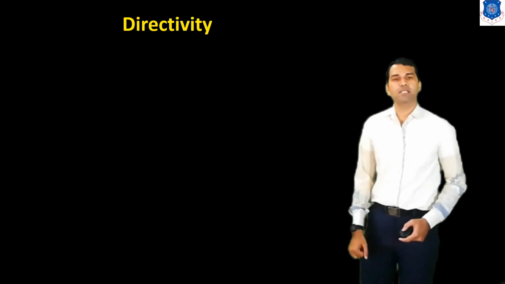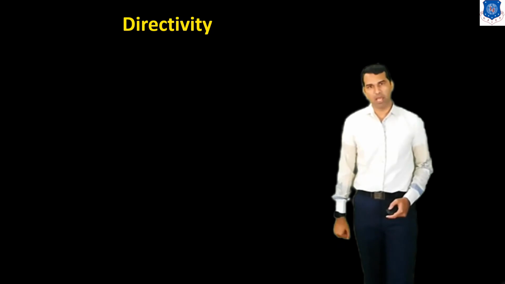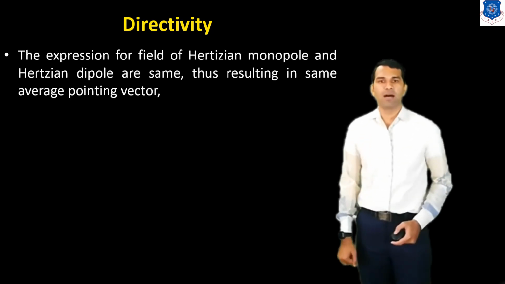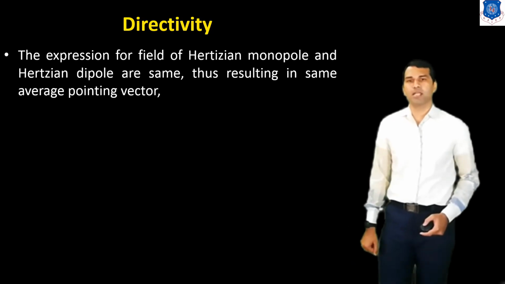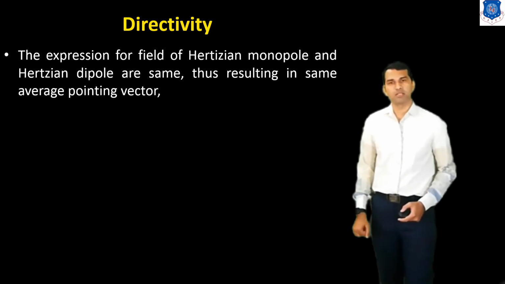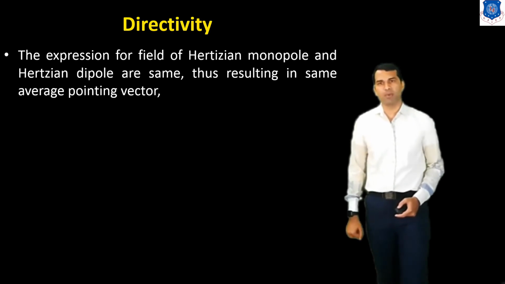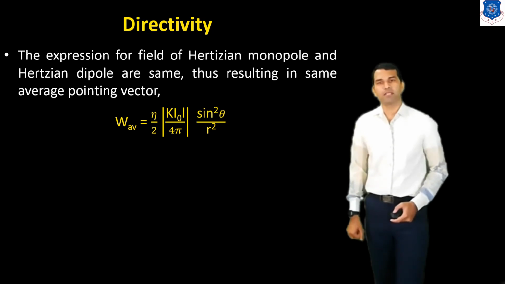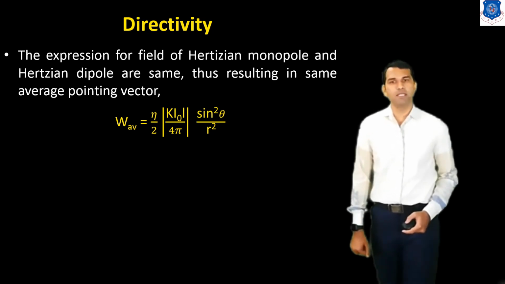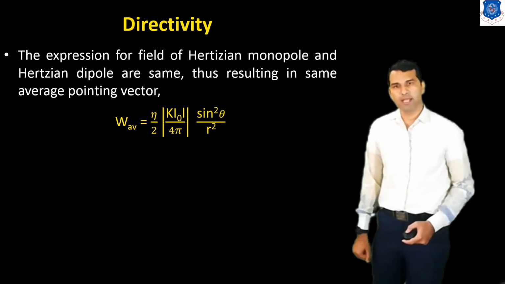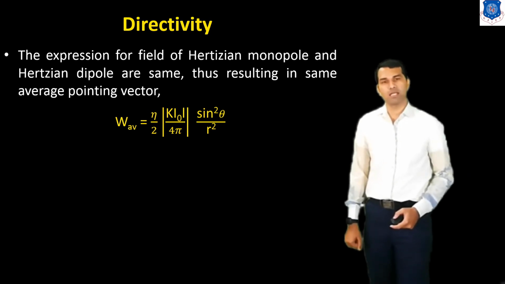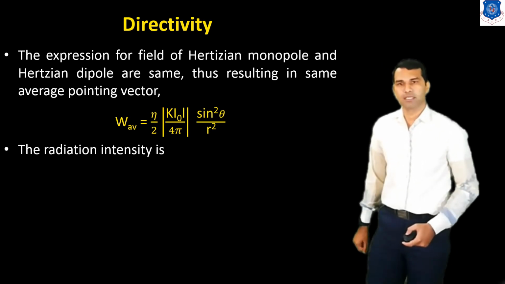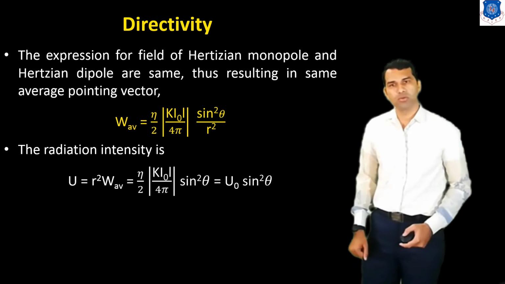And now we discuss the directivity of the monopole antenna. The expressions for the fields of the Hertzian monopole and Hertzian dipole are the same, thus resulting in the same average power Poynting vector, that means W average is equal to η/2 (kI0L/4π)² sin²θ/R².